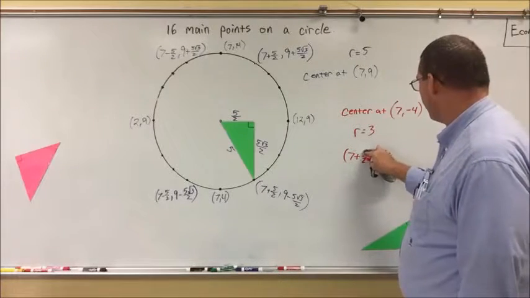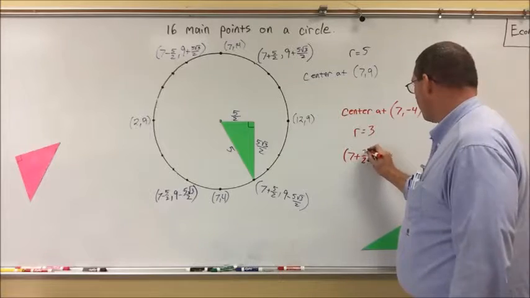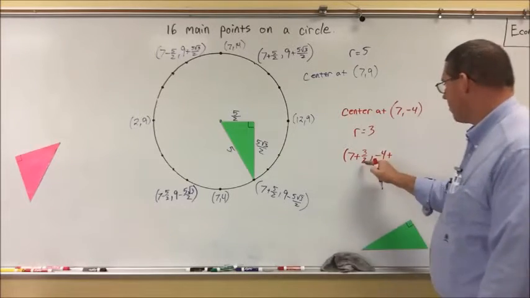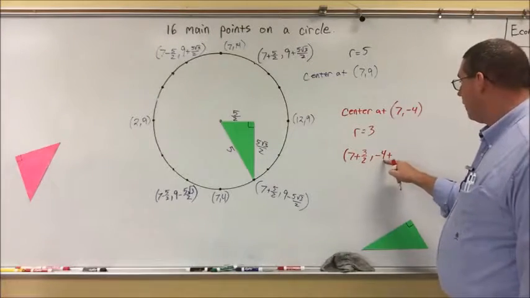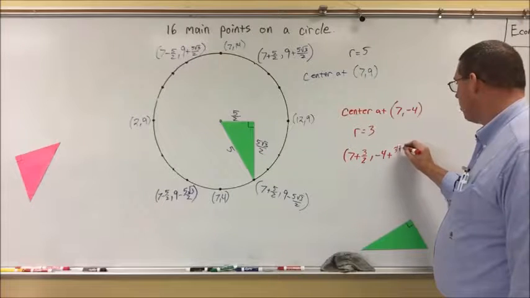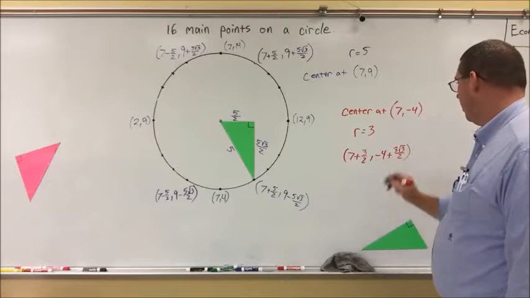Sorry, the radius is 3. It would be 3 over 2. 7 plus 3 over 2, radius over 2, and then negative 4 plus 3 square root of 3 over 2.